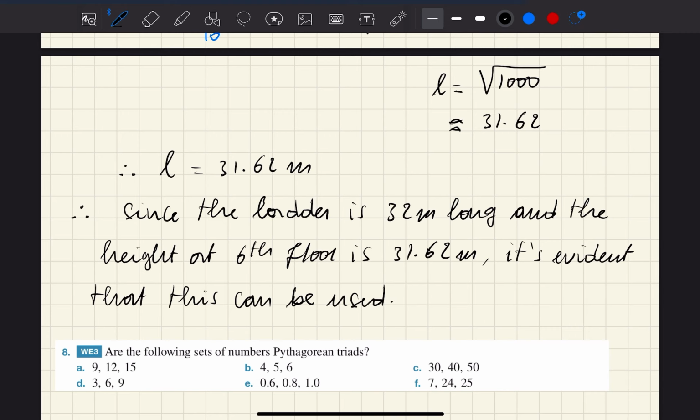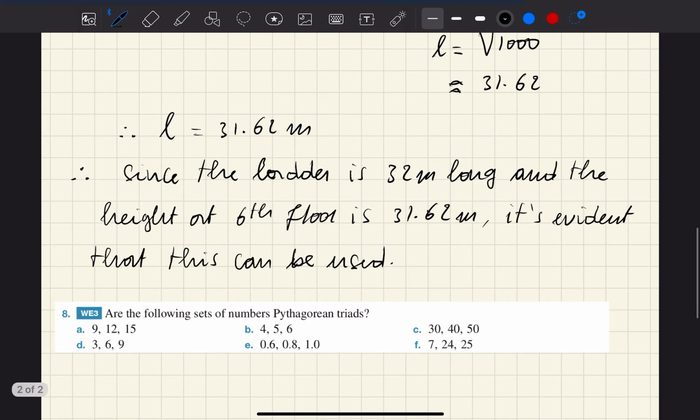I don't mind how you write this, but as long as you make this statement, it will be good.